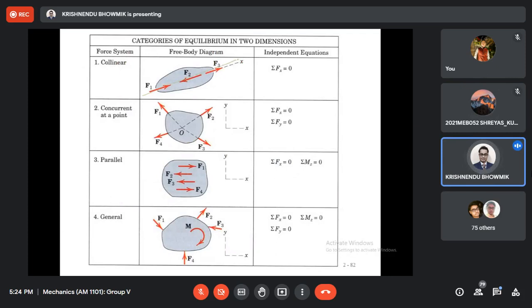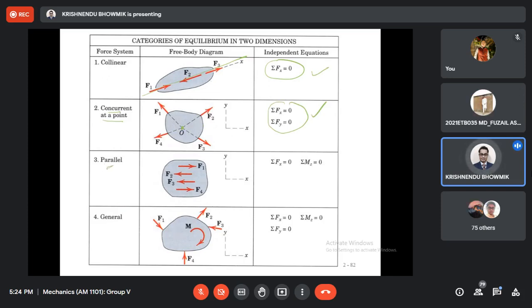In collinear forces, taking moment is not required. Only summation Fx = 0 is fine. For concurrent forces at a point, summation Fx, summation Fy = 0 is enough, because if somebody takes moment with respect to this point, all moment arms will be 0. No need to check the moment for that case.